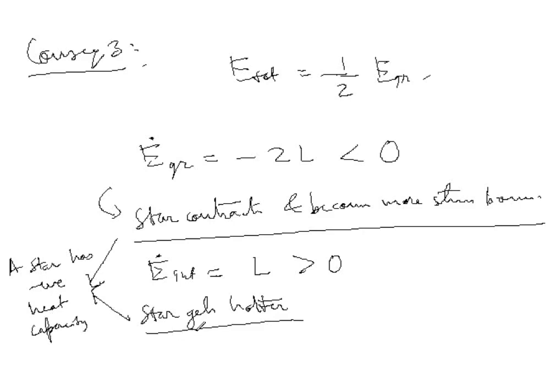You see, half the energy liberated by contraction is used for heating the star, whereas half of the energy is radiated away.